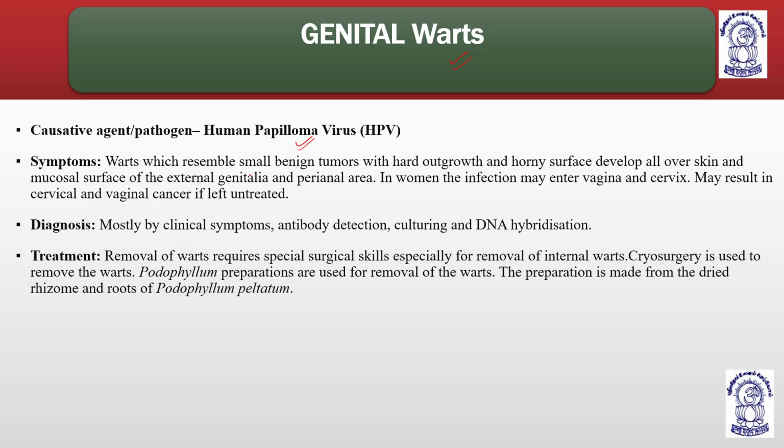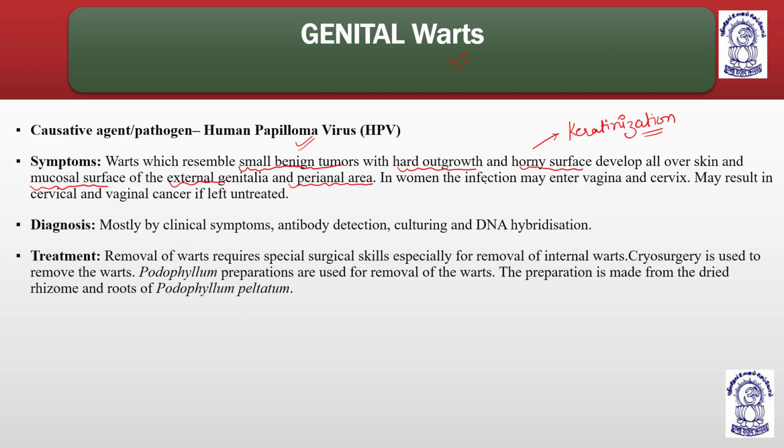So basically it is a benign tumor with hard outgrowth and horny surface. Horny surface means because of a large amount of keratinization, it becomes horny, and develops all over the skin and mucosal surface of the external genitalia, meaning the glans penis and the perianal area, right?